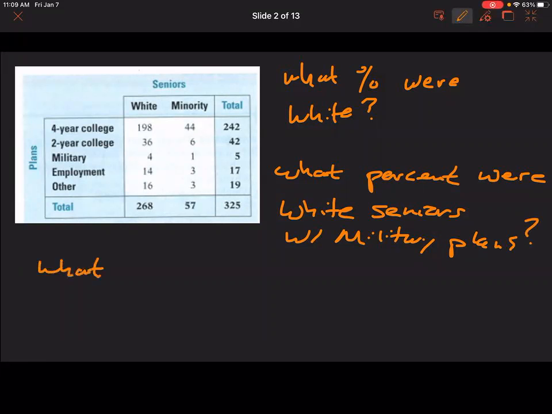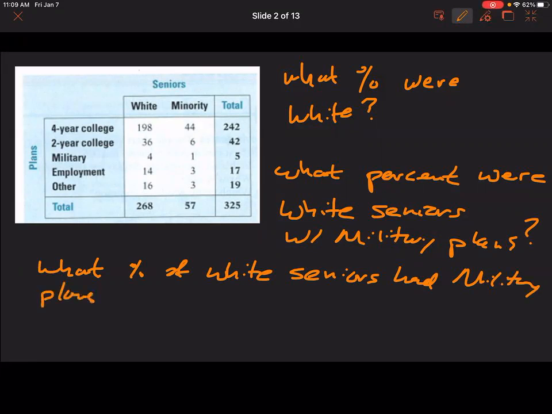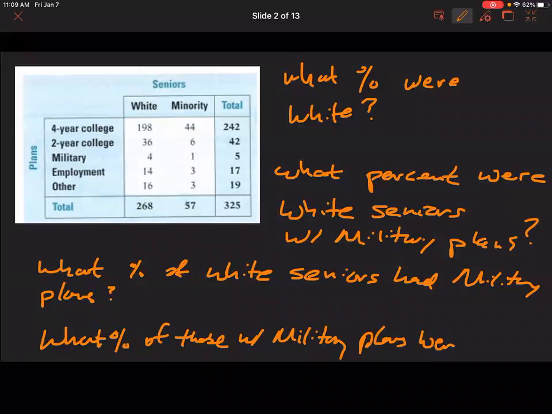What percent of white seniors had military plans? And what percent of those with military plans were white?